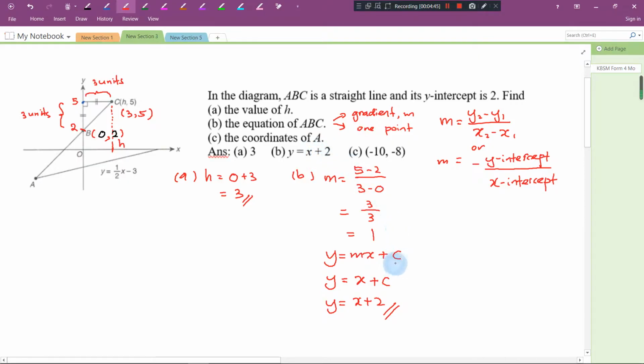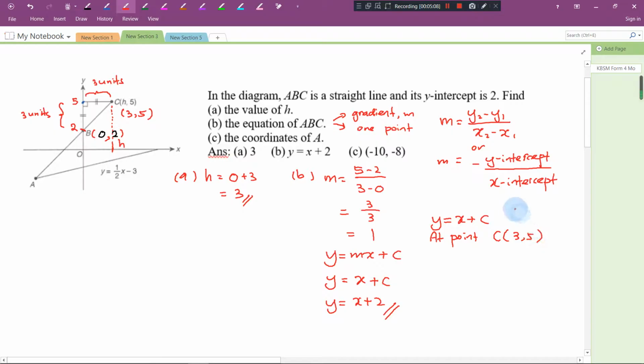So let's say if you don't want to do it this way, you can use this point as well to help you get the value of c. Okay, let's see how to do that. y equal to x plus c. I use point C, which is (3, 5). This is y, this is x.